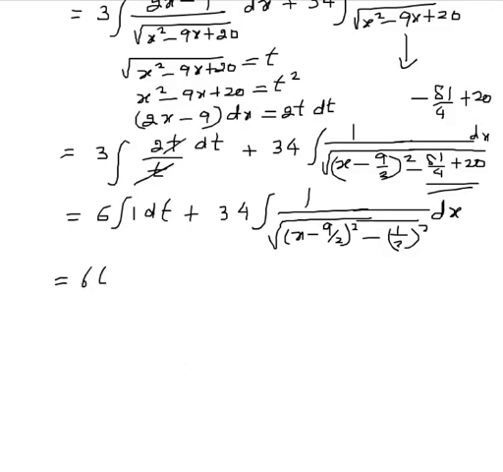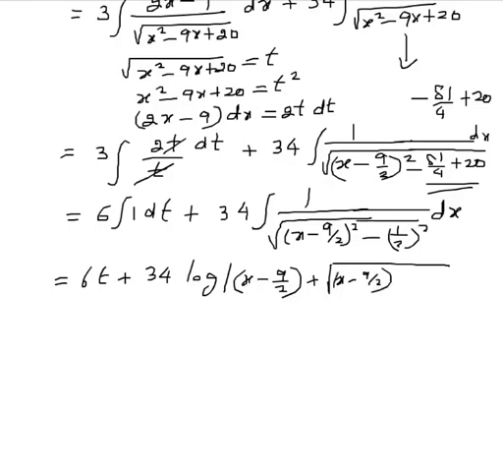This is 6t, 34 times, and let us use integral of 1 by x square minus a square formula, which is log of absolute value of x. X here is x minus 9 by 2 plus root of this expression, x minus 9 by 2 the whole square minus half square and plus c.